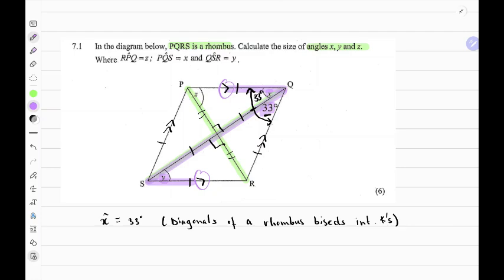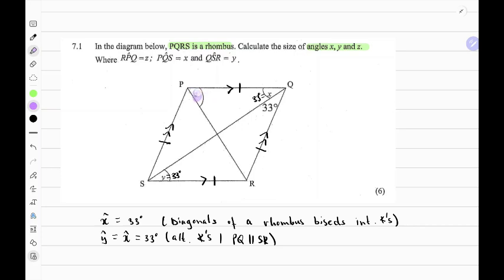It implies that we're dealing with a pair of alternate angles. So we can say that angle Y equals angle X, which equals 33 degrees, and this is because of alternate angles. This is true because PQ is parallel to SR.